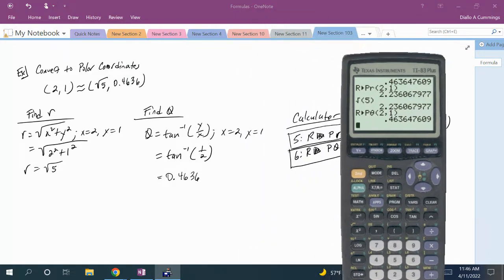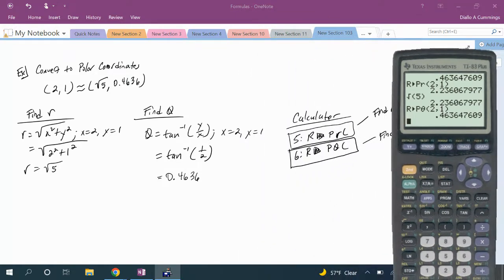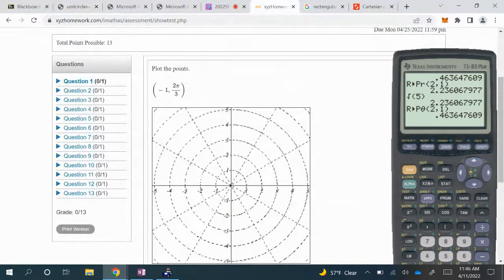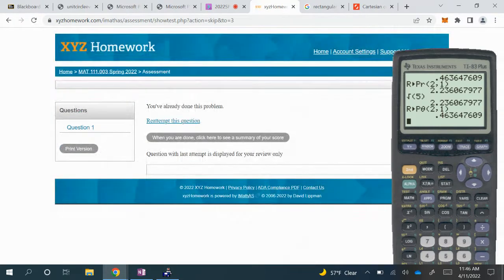Okay, next we're going to take a look at polar equations. I'm just going to go back for a second. We've taken a look at how to graph in the previous section.